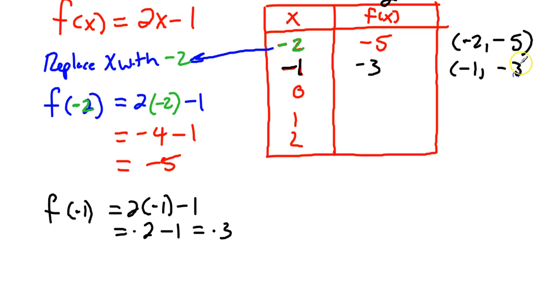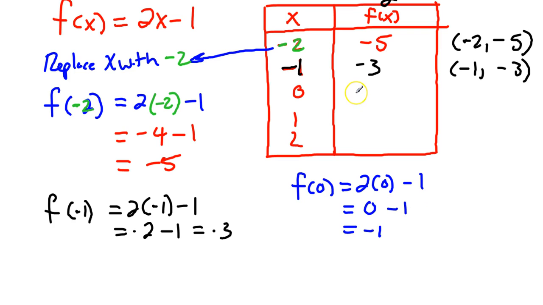Again, if they ask for an ordered pair answer, it would be negative 1, negative 3. Okay, and then just keep going through the numbers. F of 0, well, that's 2 times 0 minus 1. 0 minus 1, that is negative 1.